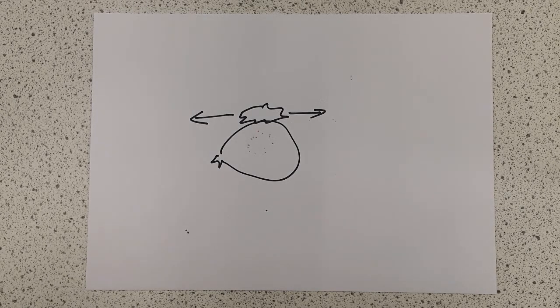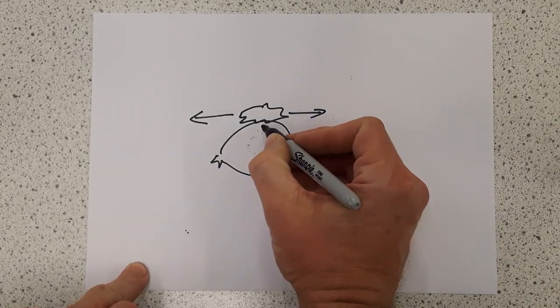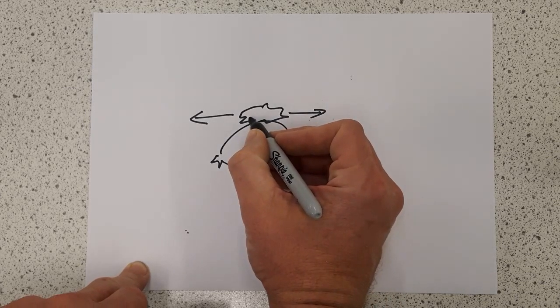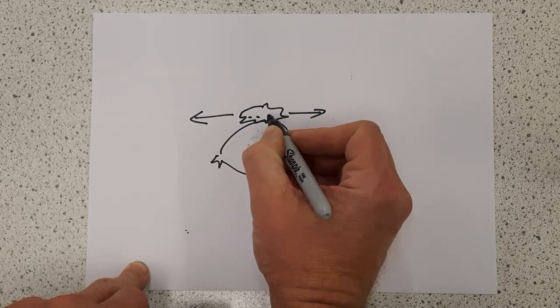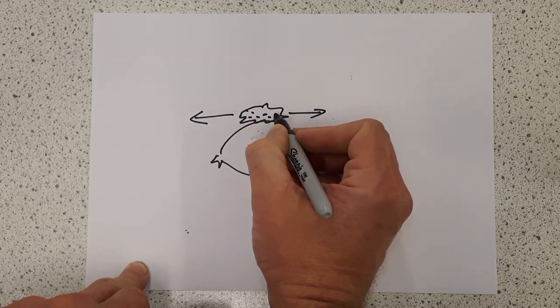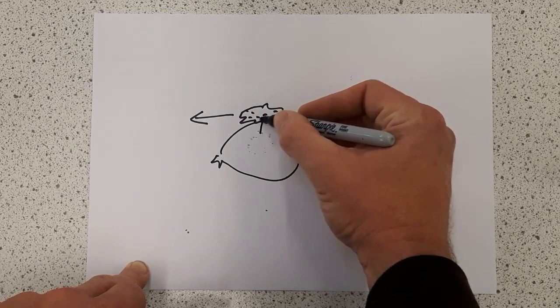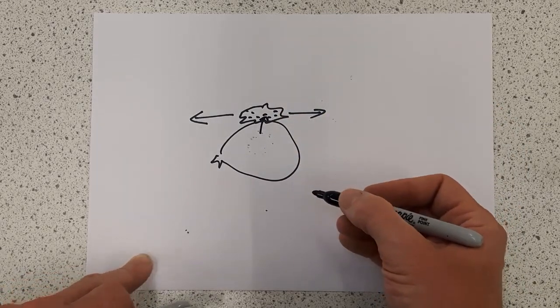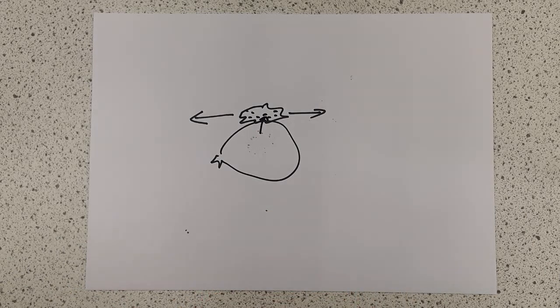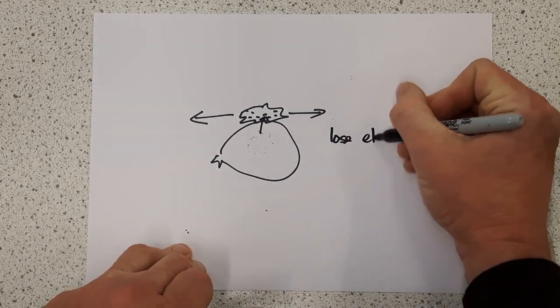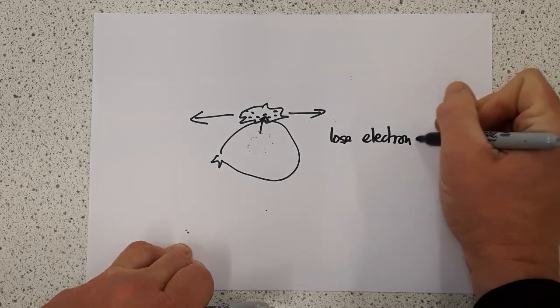So let's imagine in this situation that the balloon has electrons removed from it. So what that would mean is that the cloth itself would gain extra negative charges because they're transferring from the balloon onto the cloth. So if the balloon has lost electrons, then it's losing negative charge.